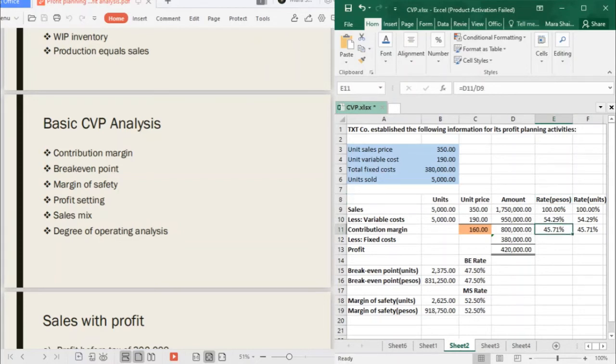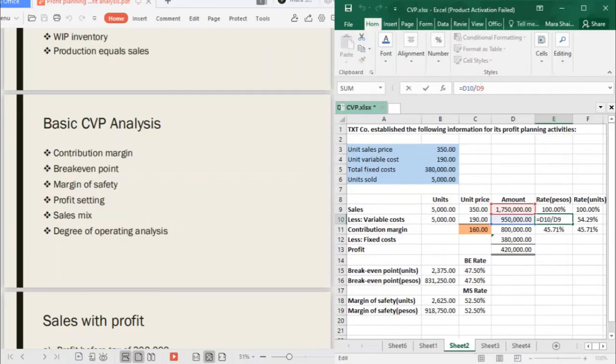So, here, for the contribution margin rate or CMR, we have the formula. It is your total contribution margin divided by your total sales. So mo na siya ang imuhang rate nimo. And then, as to the variable cost rate, same. Ang na-change siya is your numerator.